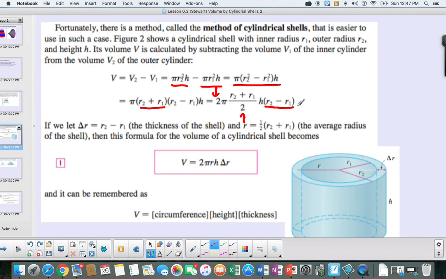We find that this really represents the thickness, which we're going to call delta R. And this is really the average of the x's, so we'll just replace this with R. So the formula becomes 2 pi R H delta R. What's easy to remember about it is it's circumference times height times thickness.